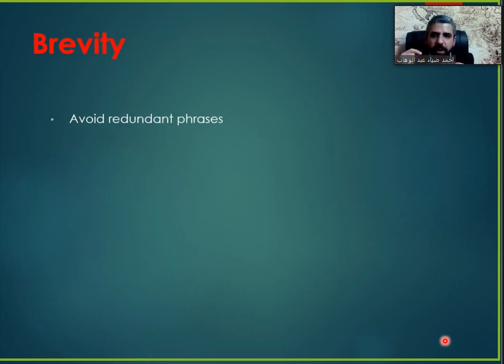And avoid redundant phrases. Redundant phrases means extra or useless phrases. What do you mean by that? For example, if you write a review of the scan of the bone window shows no evidence of metastatic disease, that's redundant. You can write no bone metastasis seen. That's it.